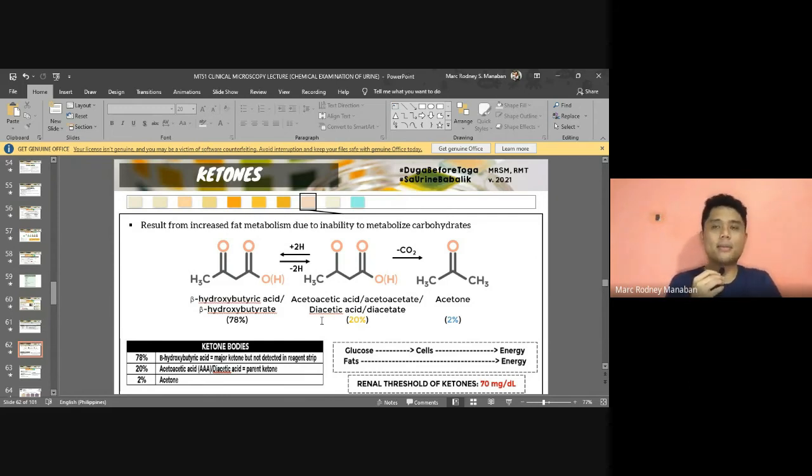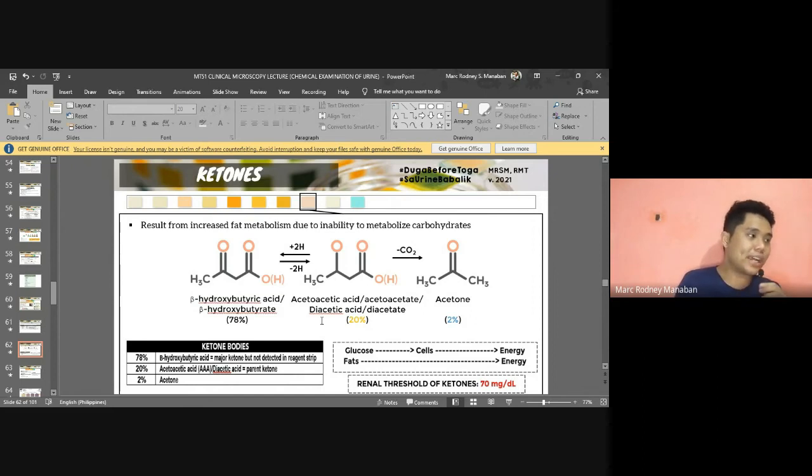The rest of your ketone bodies come from acetoacetate, so the presence of the other two, beta-hydroxybutyrate and acetone, can be assumed from the presence of acetoacetate. Your parent ketone is acetoacetic acid. Now, fats will be the source of energy in cases of decrease in carbohydrate intake or carbohydrate sources for glucose.